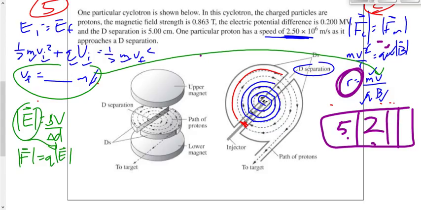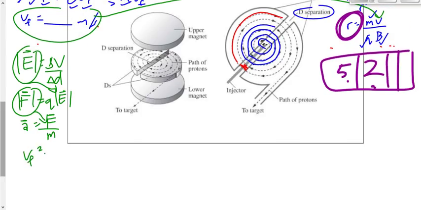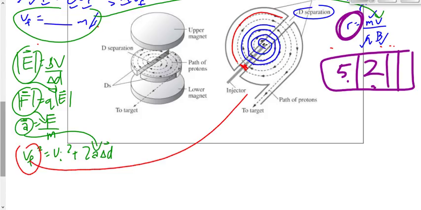And then A is equal to F over M to get the acceleration. And then VF squared is equal to VI squared plus 2AD to get the final speed. And then we could have plugged that into here and gotten the exact same answer.